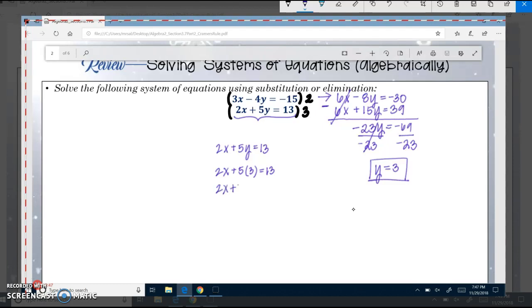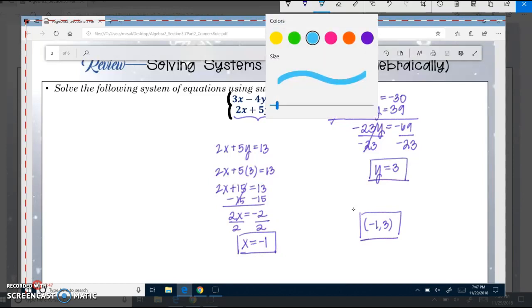So this becomes 2x plus 15 is equal to 13. I can subtract over that 15, and so I will have 2x is equal to -2. I can divide both sides by 2, and so my x value is going to be -1. So my final solution here is going to be the ordered pair, -1 for x, +3 for y. And that's my final answer, so I'm all done with that one.